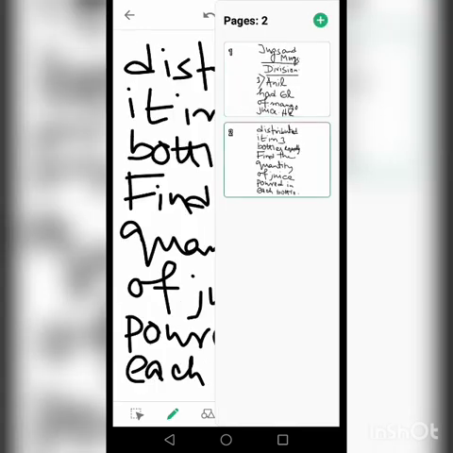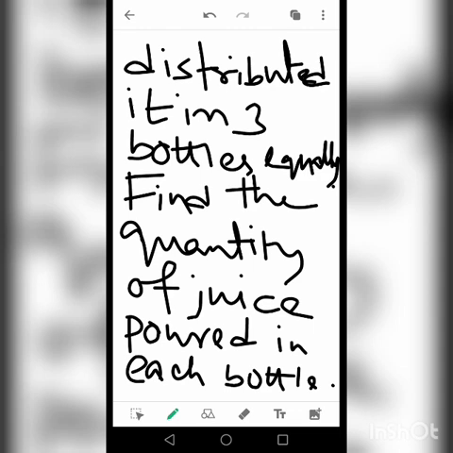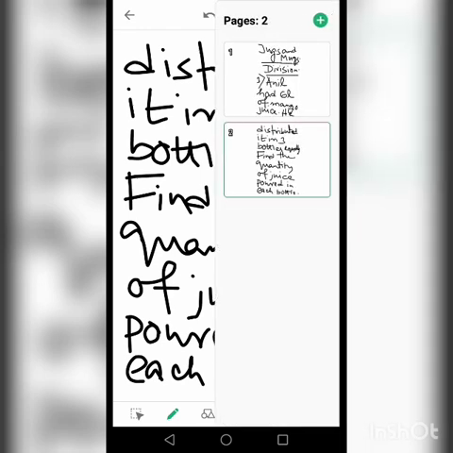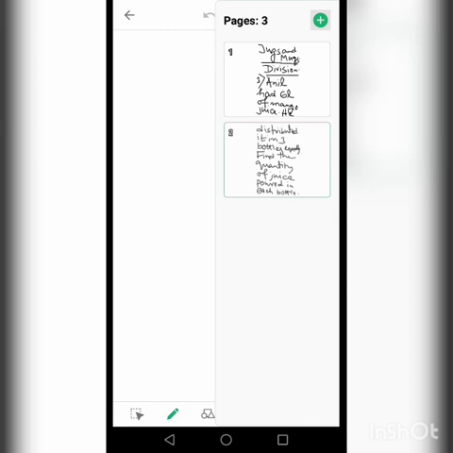He distributed it in 3 bottles equally. Find the quantity of juice poured in each bottle. Now, as you can see, here the quantity given is 6 and it has been divided by 3. Since 3 is a factor of 6, the calculation will become much easier. We move to the next board for the solution.